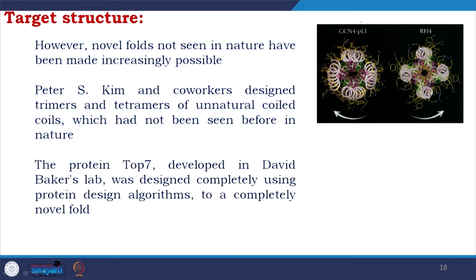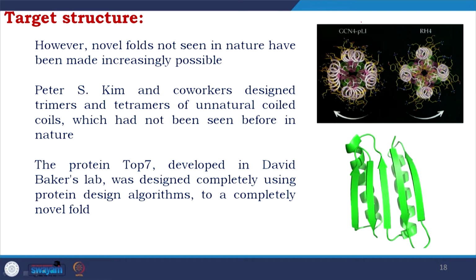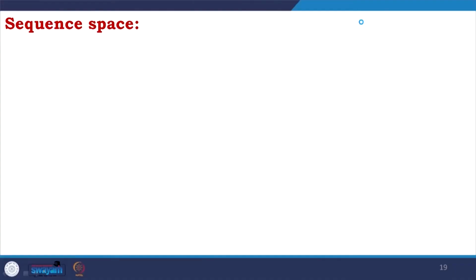The protein Top7 developed in David Baker's lab was designed completely using a protein design algorithm to a completely novel fold. So, this protein you are looking at, it is Top7, it is providing a fold which is completely novel, not achieved or not made by nature.